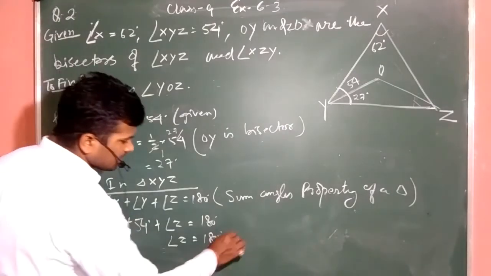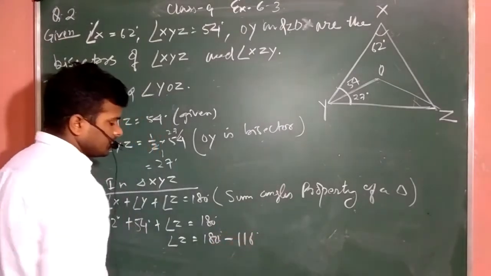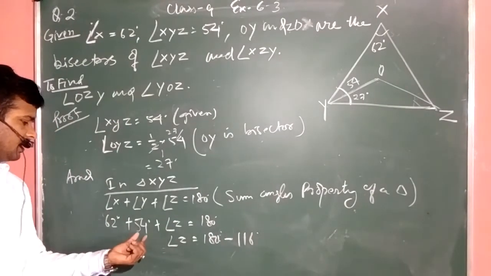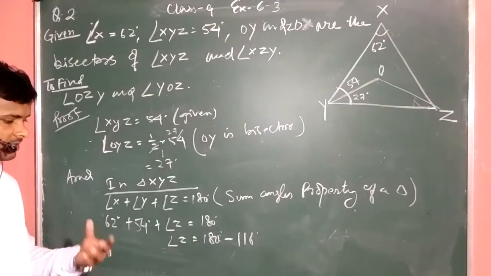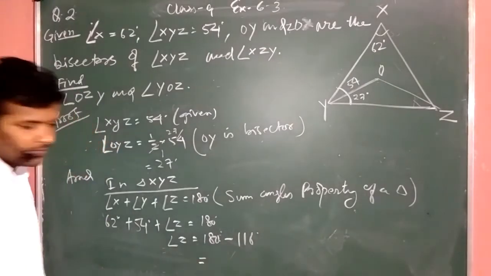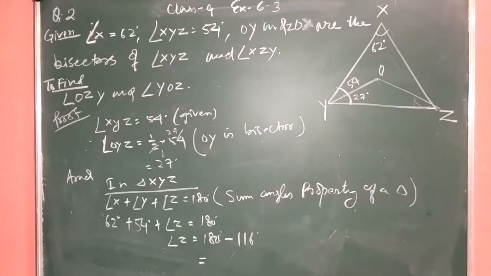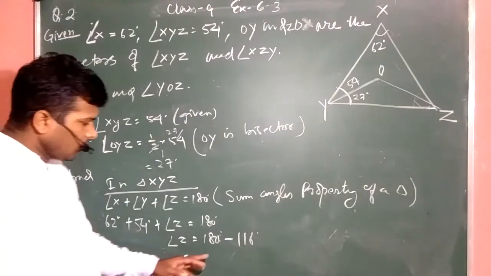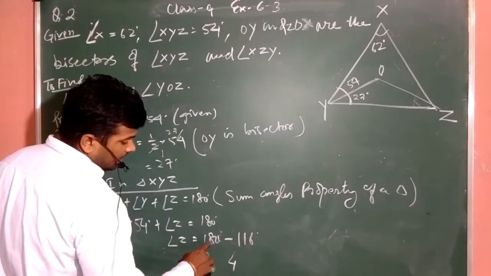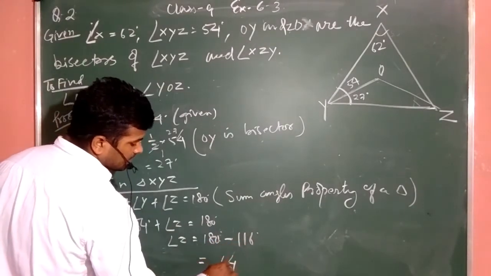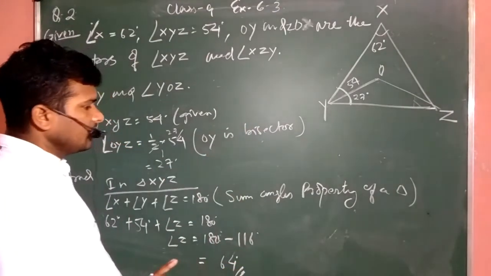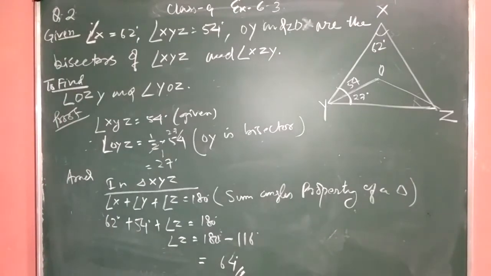That means 116. So 10 minus 6 is 4, and 7 minus 1 is 6. So 64 degrees. So this one we are getting 64 degrees. This much. Now the second part.